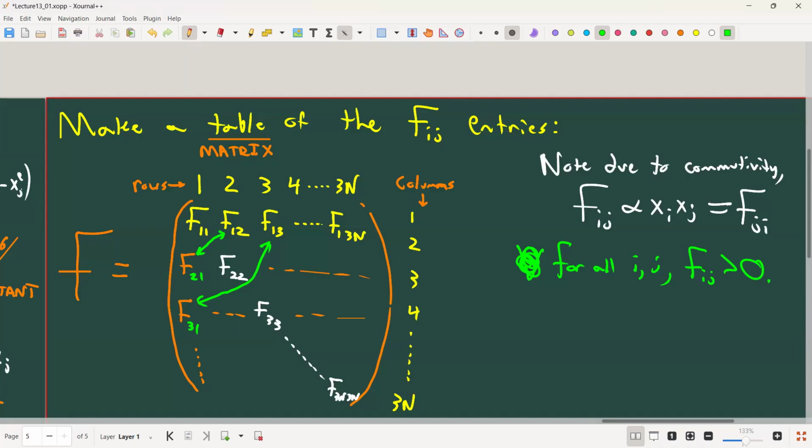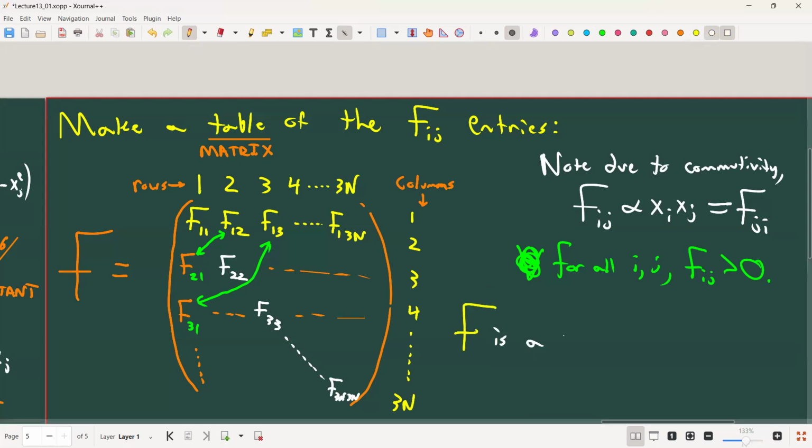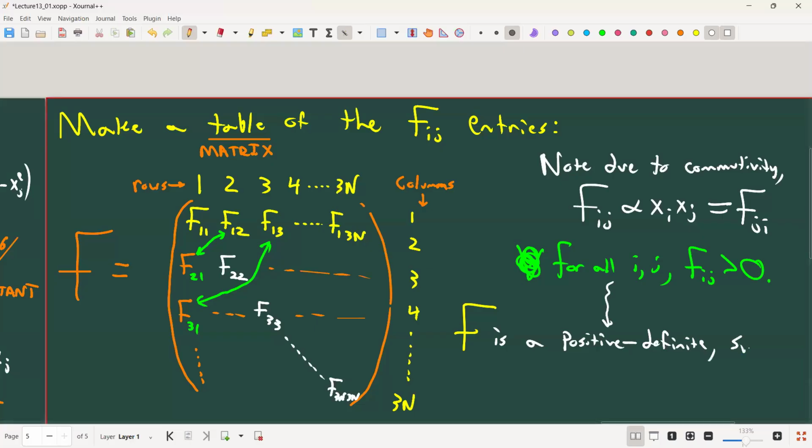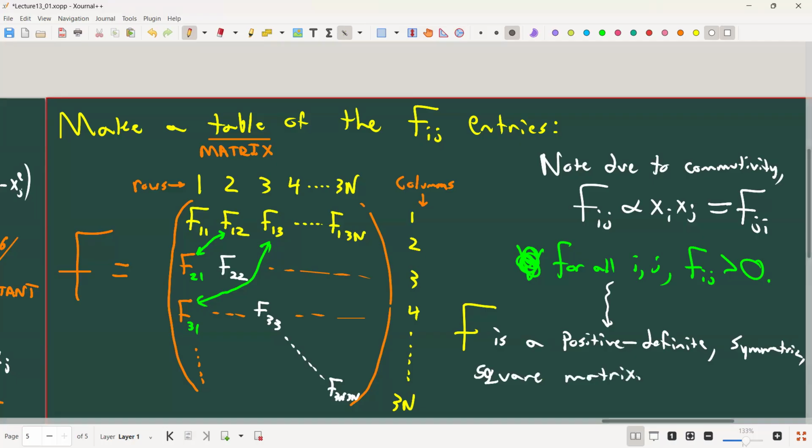So F here is what's called a positive definite, symmetric, square matrix. Same number of rows as columns. It's symmetric about the diagonal, and it's positive definite, and all the values are positive.